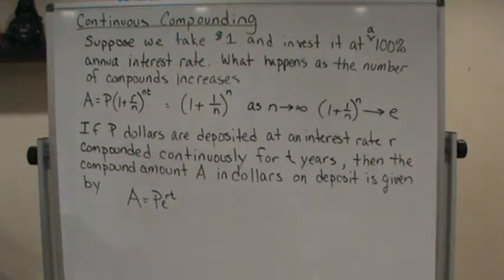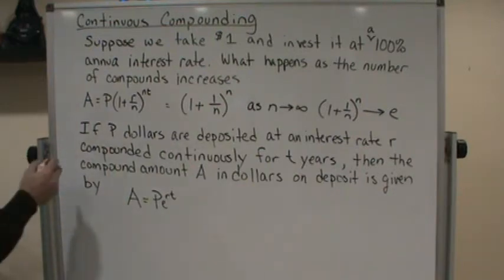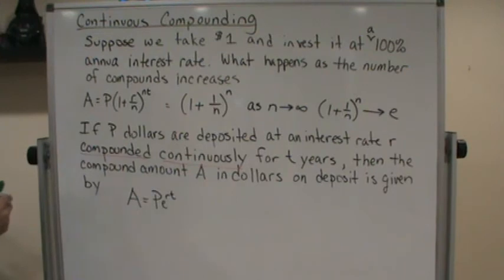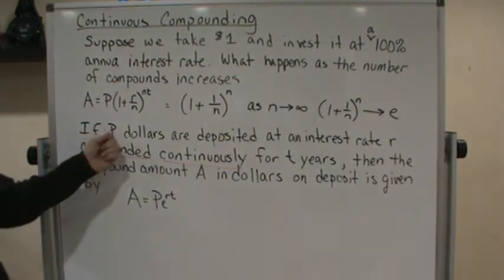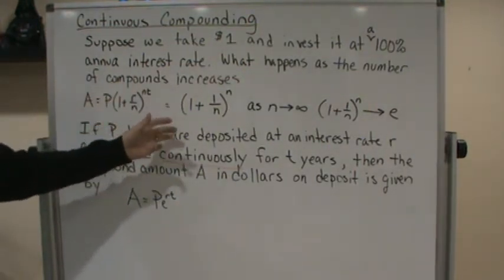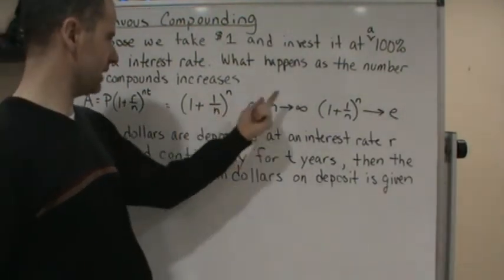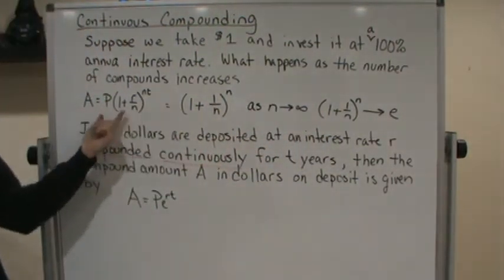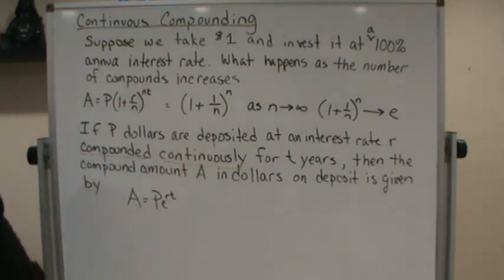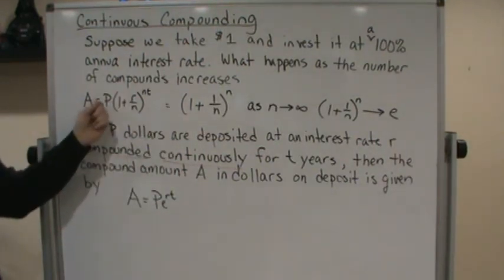So if we have something that's compounded continuously, so in this case, if we have P dollars, let's bring it back to the general formula. We know this piece goes to e. What happens to the general formula as n goes to infinity? Now we're putting R and P back in.